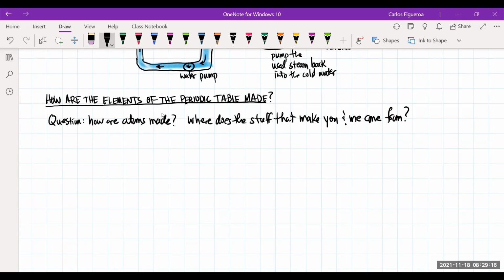The earth does not have the energies to actually produce any atoms. The most that the earth could ever produce is diamonds. It doesn't have the energy to create any atoms from the periodic table. That means that the atoms cannot come from Earth.